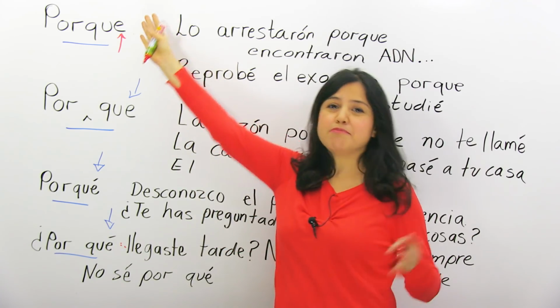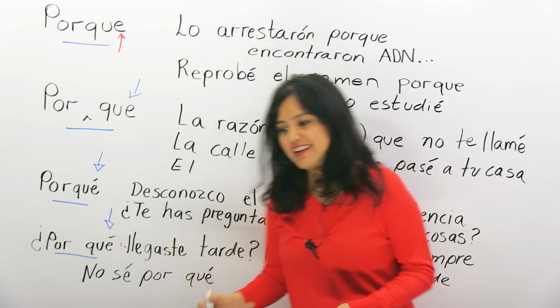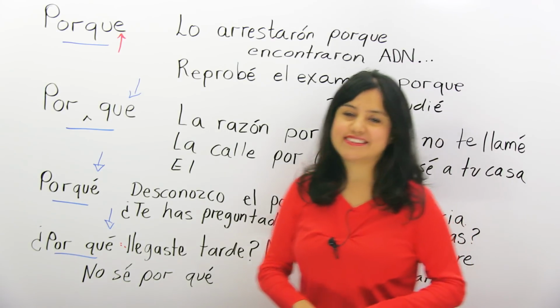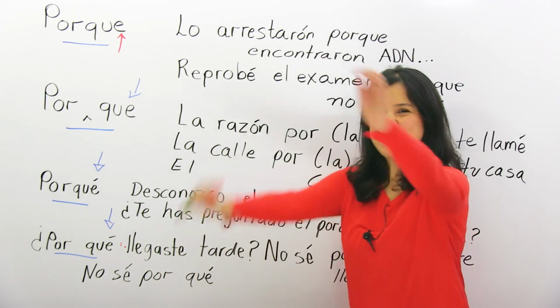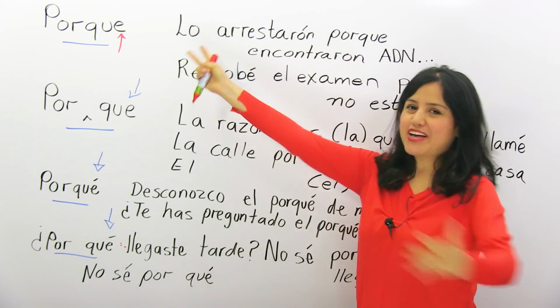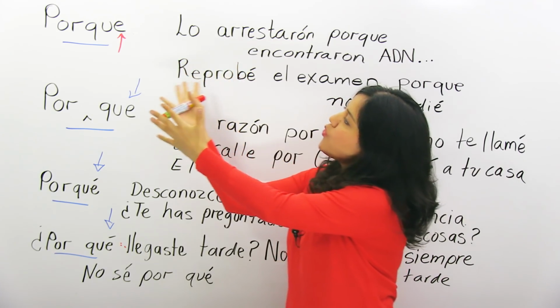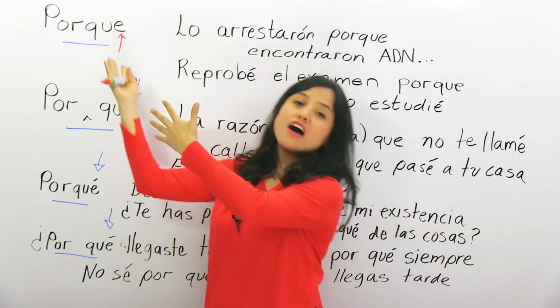This is a simple one. So we go from simple to more interesting. This is the most aburrida, like, oh yeah, whatever, I know that word. Muy bien. Porque. Now this is, let's say, a word that is going to give you the cause.